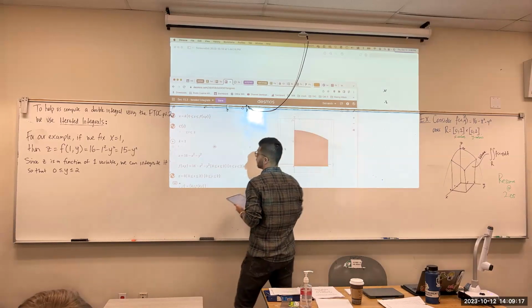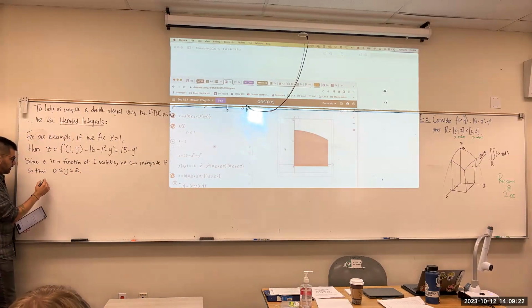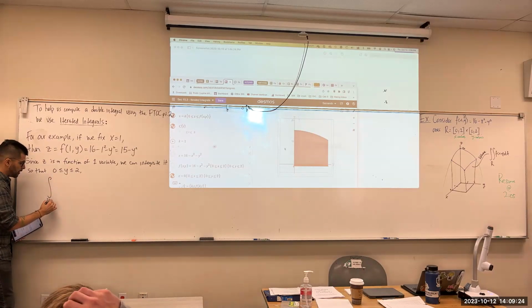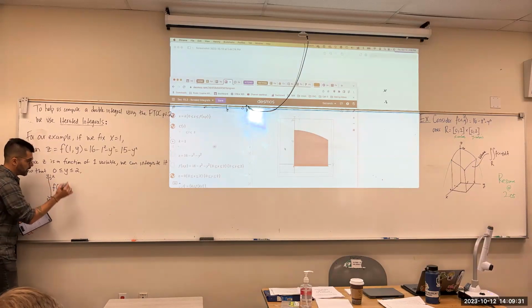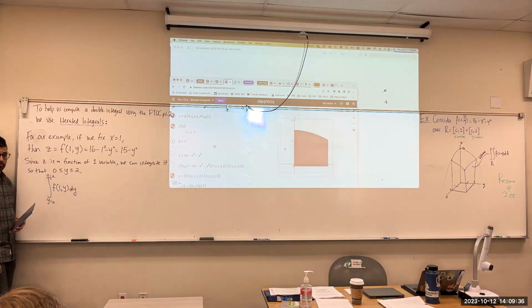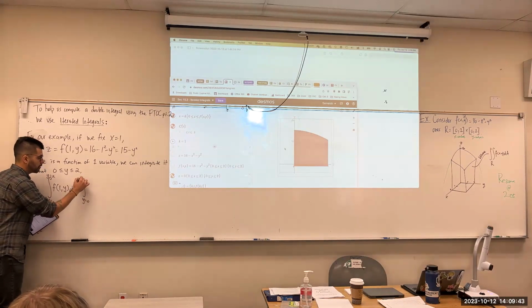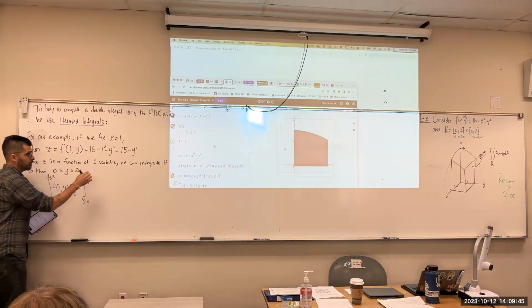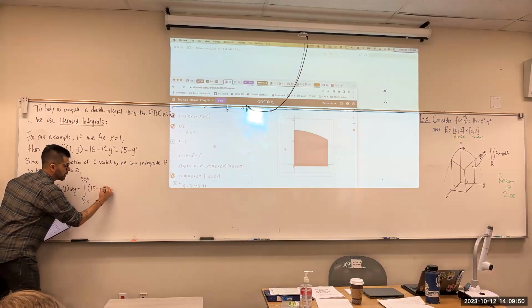And when we do that, we're going to do the integral where y varies from 0 to 2 of this function here, where now it's just a function of y, dy. So we're using Calc 1. That means I'm integrating from 0 to 2 this function here, 15 minus y squared dy.